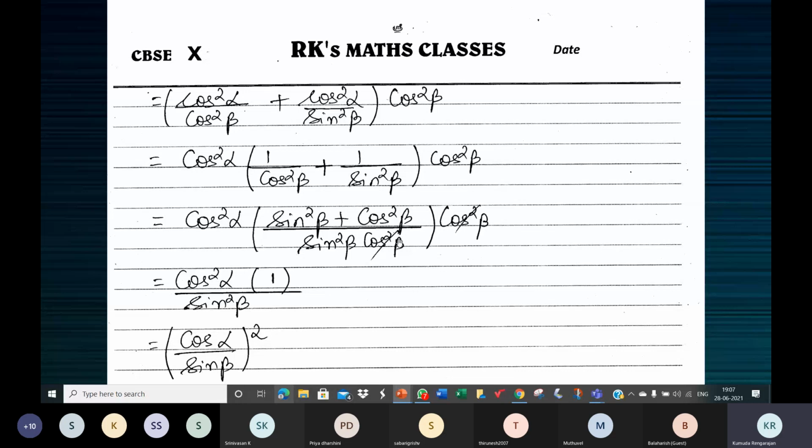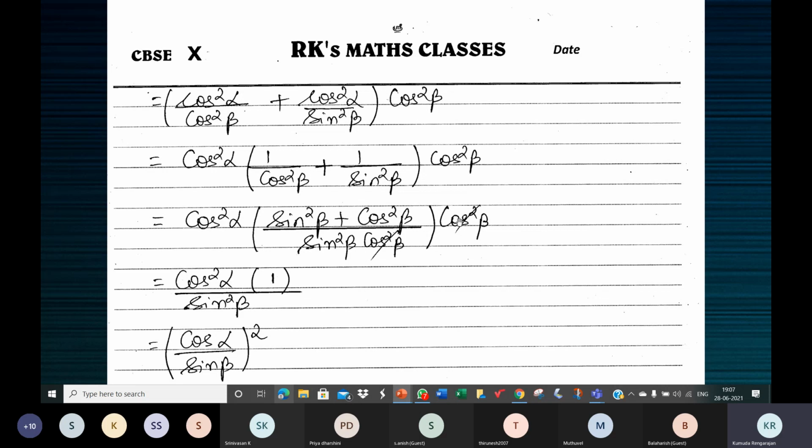So now it's a product, no? So you can see this is cos square alpha into this into cos square beta. So you can cancel cos square beta and cos square beta. And we know that sin square beta plus cos square beta is 1. So we have cos square alpha by sine square beta into 1.